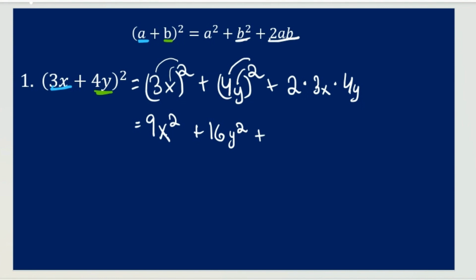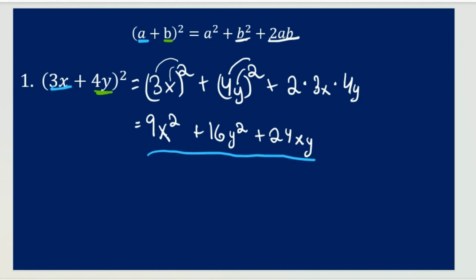Okay, 2 times 3 times 4 is going to be 24, and then xy. And that's our answer.